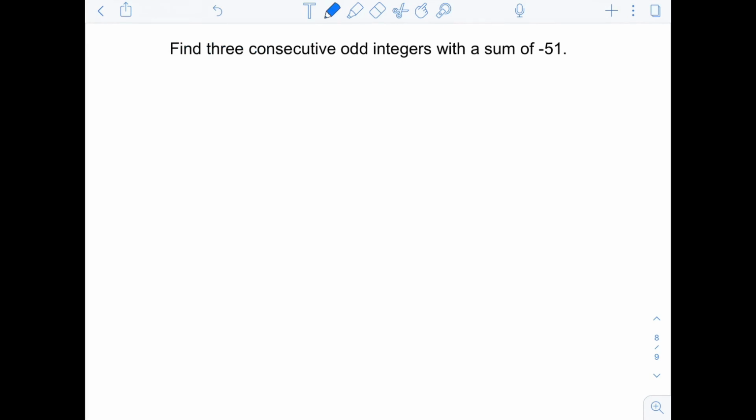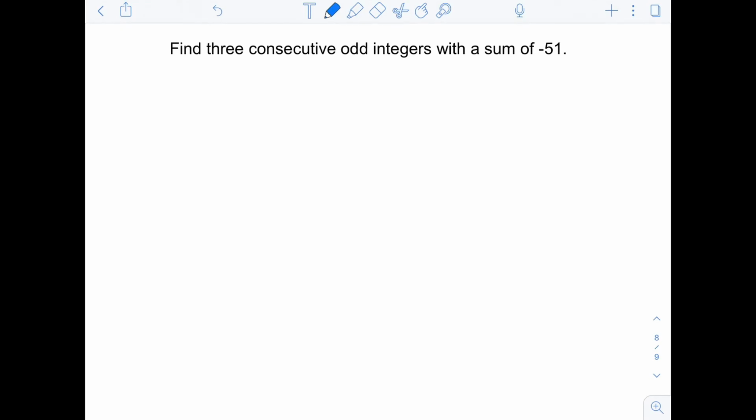So let's find 3 consecutive odd integers with a sum of negative 51. Remember, odd integers are 2 apart from each other, like 1, 3, 5. If you add 2, you get to the next odd integer.